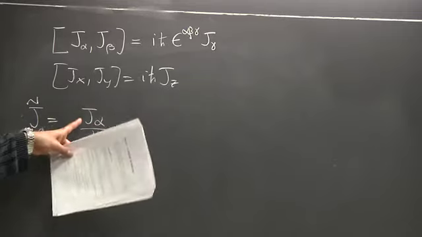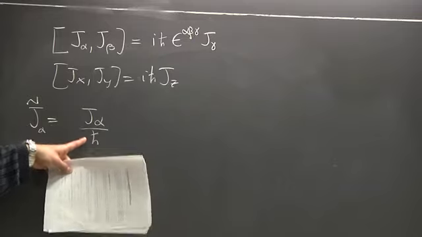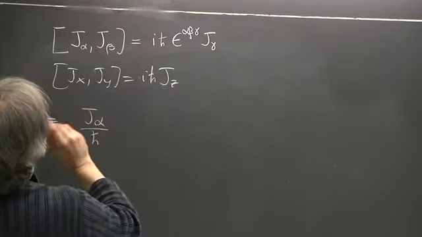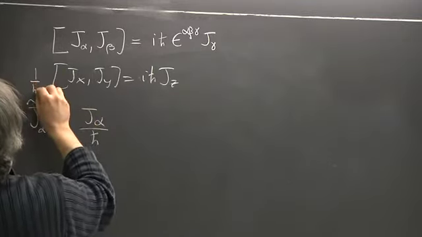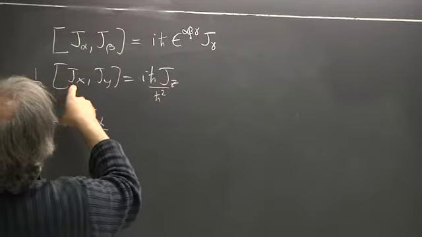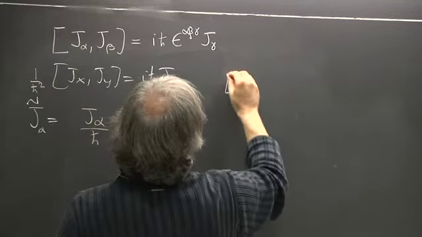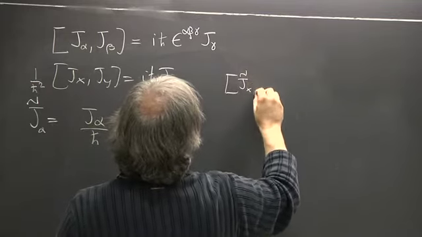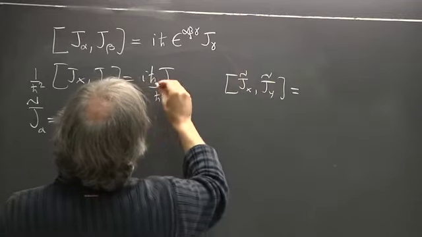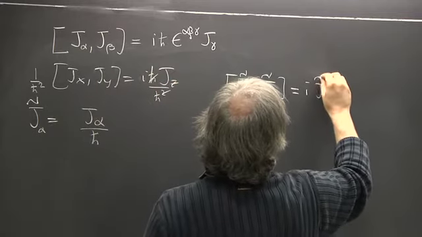So the angular momentum divided by the natural unit, which is h bar, then it's very simple to prove, for instance, for this. Divide everything by h bar squared. Okay? You see that here you get one h bar exactly for each one of these, and so you get J tilde of x commutator with J tilde of y. And on this side, one of the h bar goes, and here I have J tilde of z.